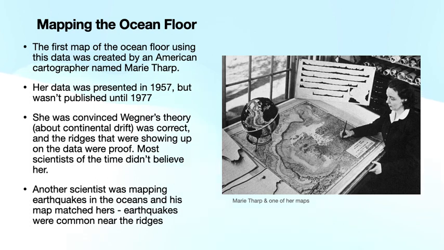Most scientists at the time did not believe her, as is common when scientists first make discoveries. So another scientist at the time was mapping earthquakes on the ocean floor, and his map matched hers. The earthquakes he was mapping were common near the ridges that she was mapping, which was an interesting correlation.